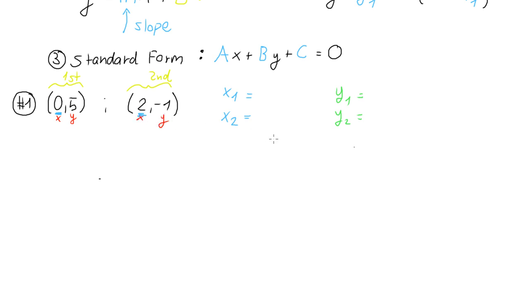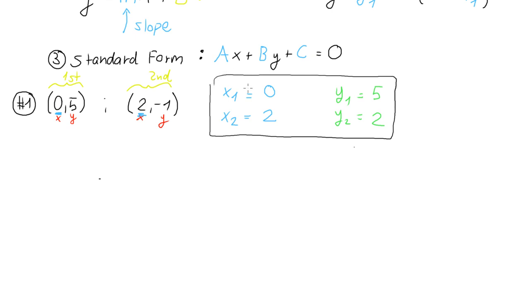So x1 equals 0, x2 equals 2, y1 equals 5, y2 equals minus 1. This is a kind of preparation step. If you know how to do it in your head, this isn't really necessary. This is mostly for clarity.